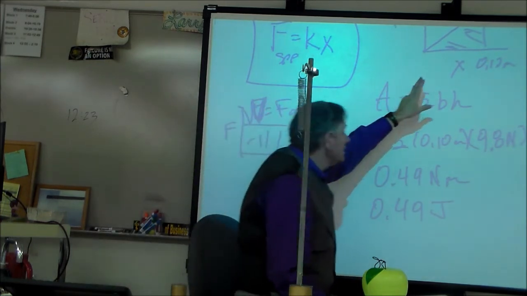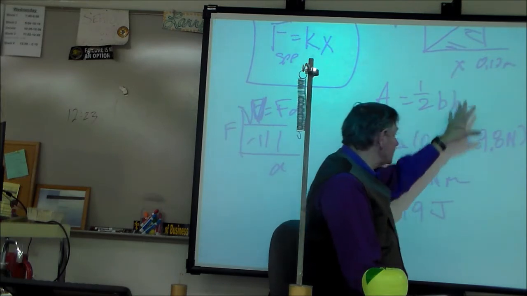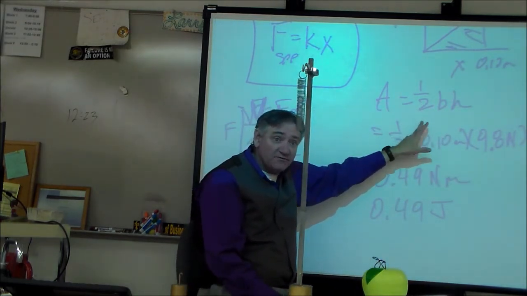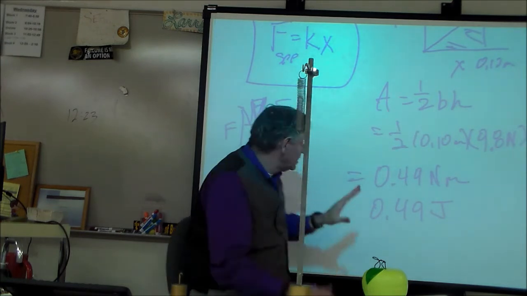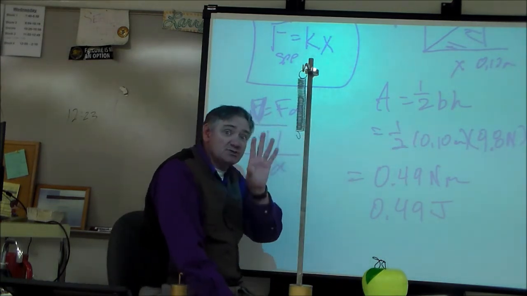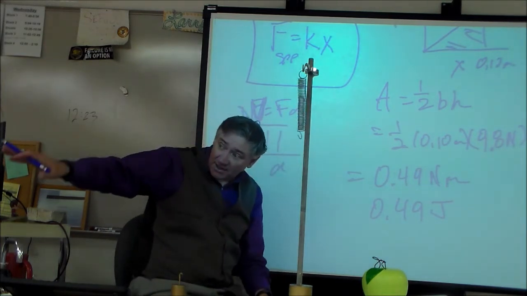On a spring, because it's a sloping line, we're still finding the area, but this is why we have to have this 1/2 in front of it, because we're only finding the area of a triangle, not a rectangle. So on springs, you can't do force times distance. You have to put the 1/2 because you're finding that area.